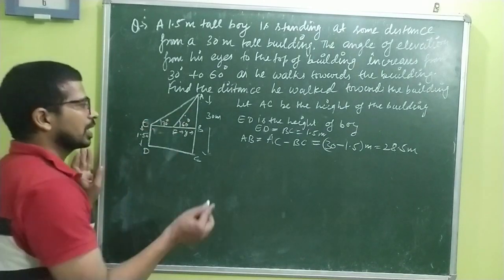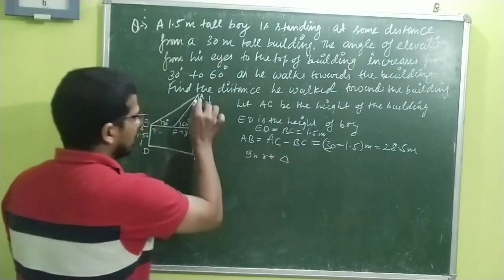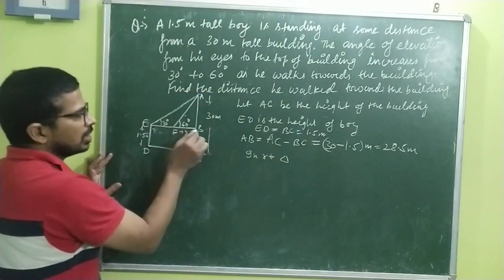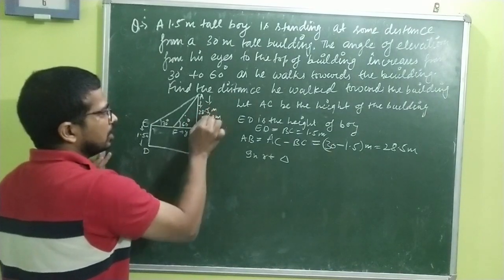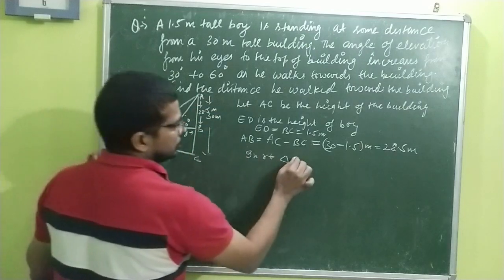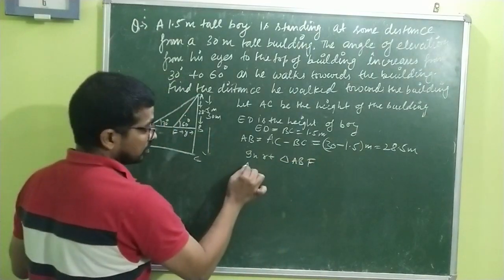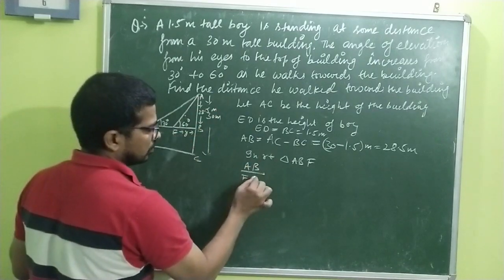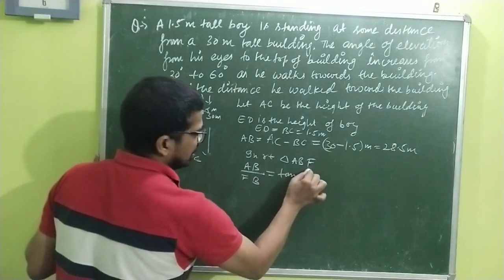First of all, again in right triangle ABF, first I will take this one, AB. I can write it here again, 28.5 meter for this only. In right triangle ABF, AB perpendicular upon base is equal to tan 60 degree.